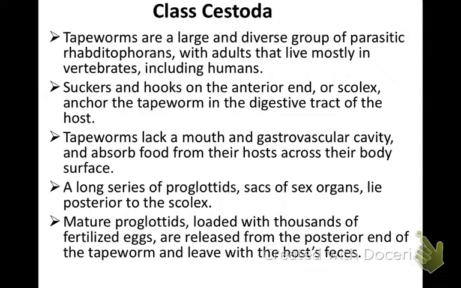So finally, the last class of flatworms are the Cestoda, or tapeworms. So this is a large group of parasitic worms that are highly specialized to parasitize the intestinal system. So they have both suckers and hooks on their head, which is referred to as a scolex, which will anchor the worm in the digestive tract.